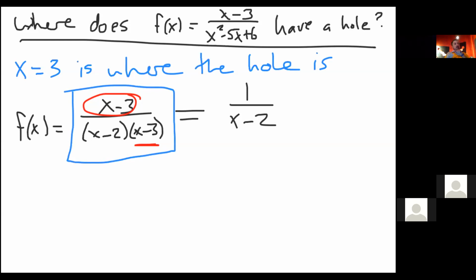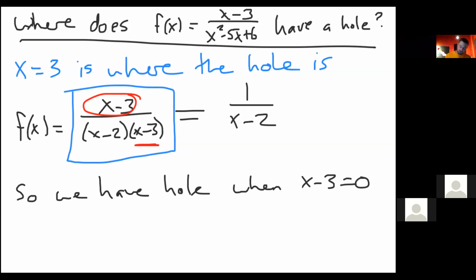So anytime we have a factor cancel out in both the numerator and denominator, that is where we have a hole. So we have a hole when x minus 3 is equal to 0, which means we have a hole at x being 3.